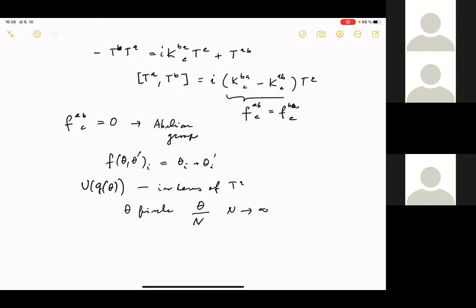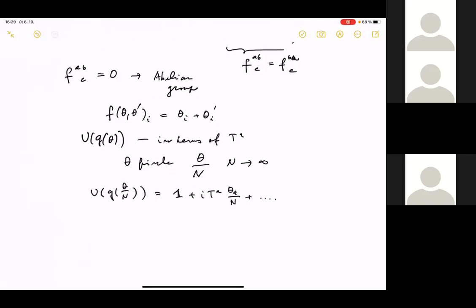In such a case, the operator U can be written as 1 plus i T_A times the parameters theta^A over n, plus terms which are quadratic in this parameter, but if n goes to infinity, we can omit these terms. So roughly, for n going to infinity, we can write such a representation of the element of the group.